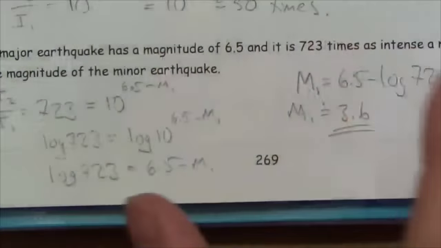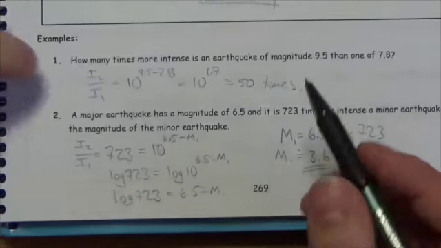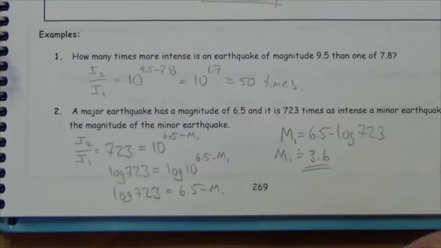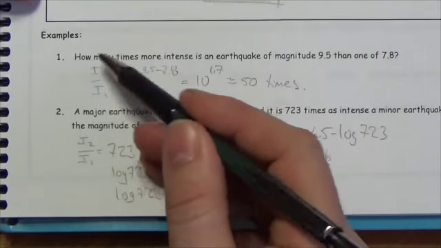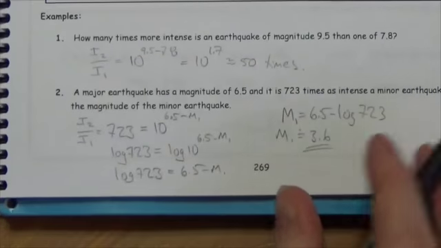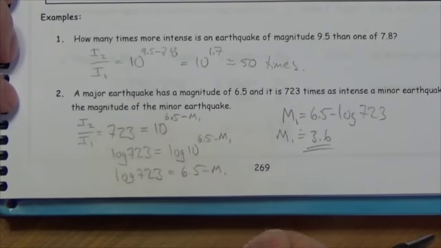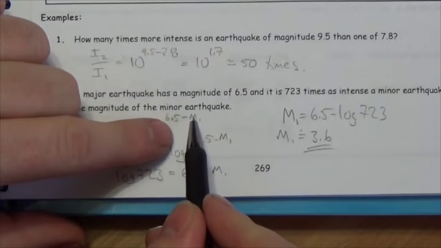Now before we leave the earthquake problems, just to take a little bit of a step back here, we've had two questions here, and we really only need to look at two of them because there's really only two questions you're going to get asked. You're going to get asked for the ratio of the intensities, or you're going to get asked for one of the magnitudes that we measure on the Richter scale. So it's either this I2 over I1, or it's going to be one of those two here.